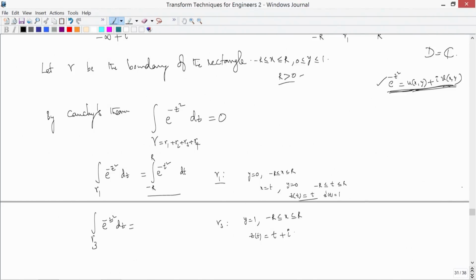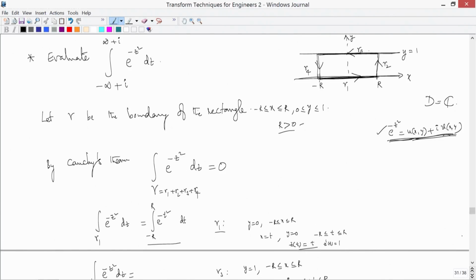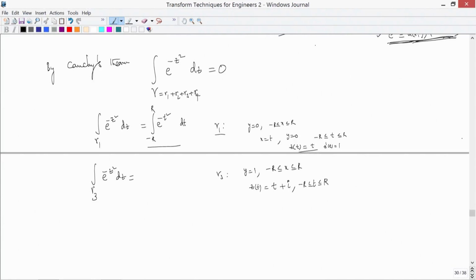So, you have t plus I times 1, t between minus r to r. So, this is your parameterization for gamma 3. That means the parallel piece. Now, because it is going from this direction to this direction, this is actually going from r to minus r.